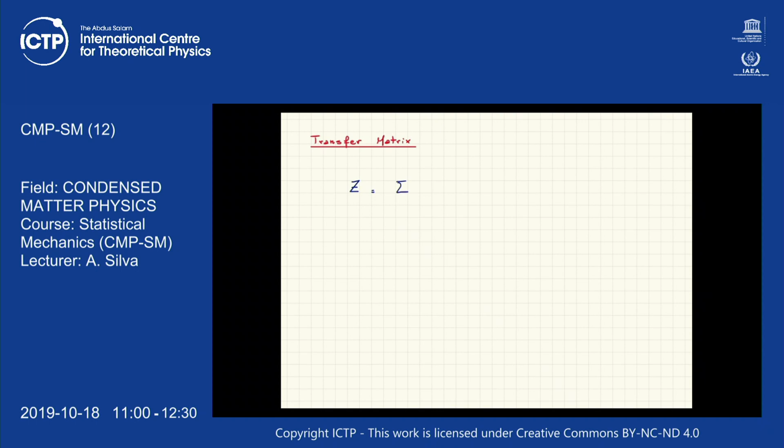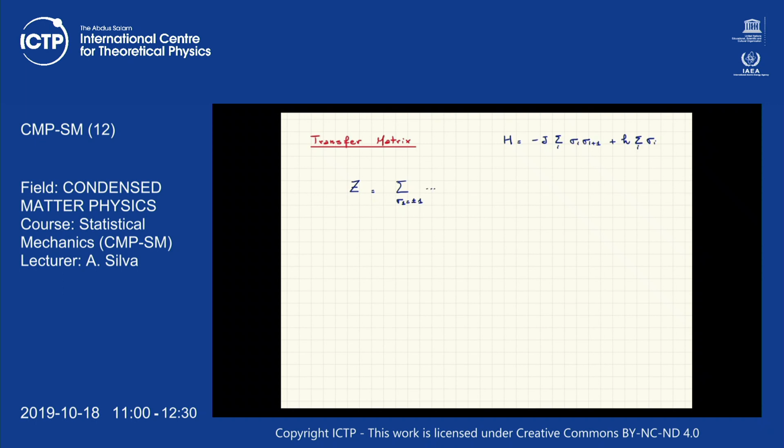instead of considering the recursion method applied to an Ising model in one dimension with a Hamiltonian, we include a magnetic field that explicitly breaks the symmetry. Okay? So now, in this case, you see that I can play the same game that I played last time.